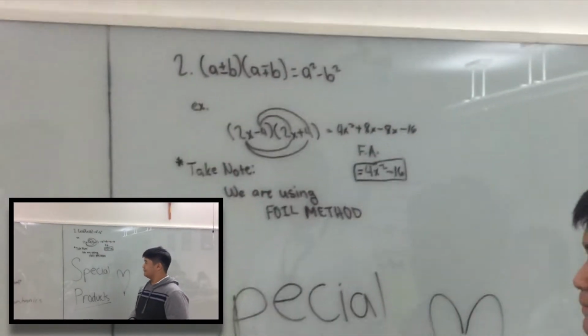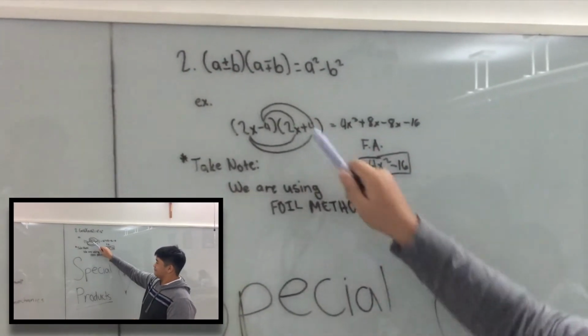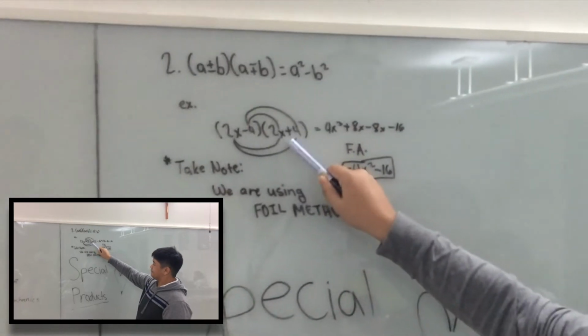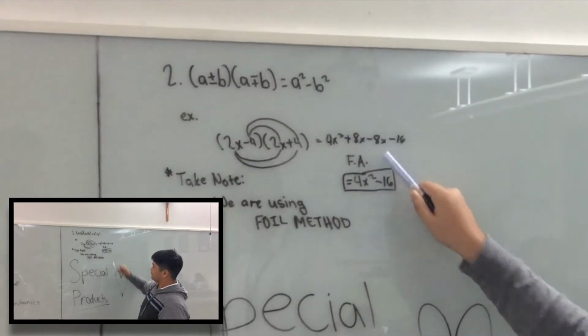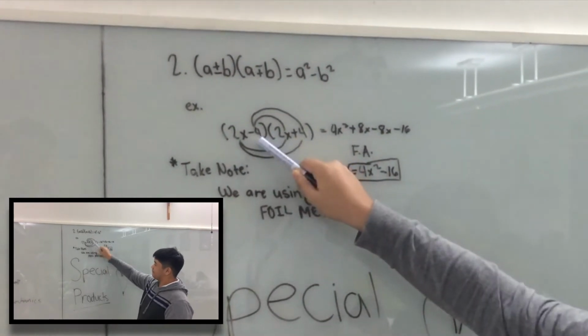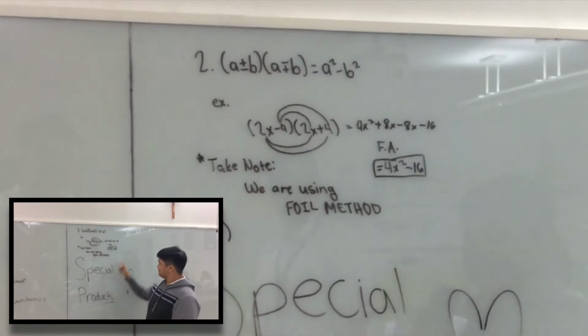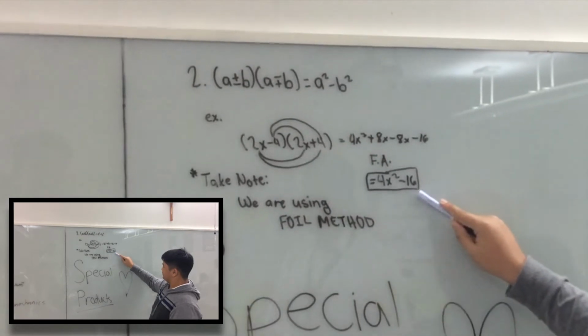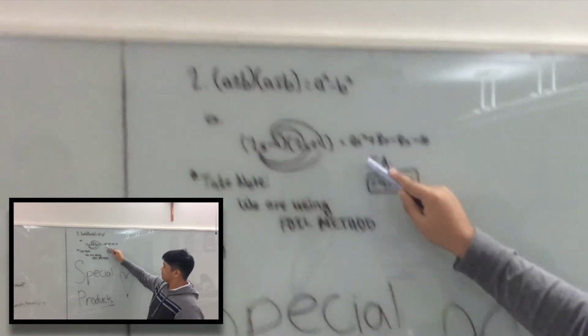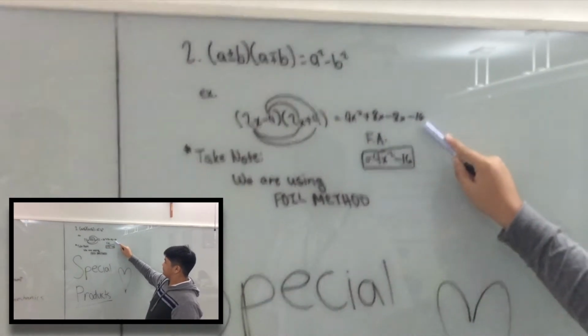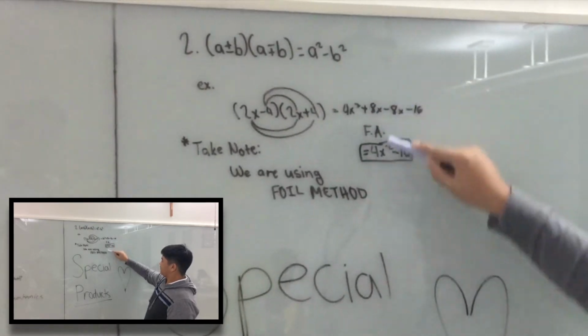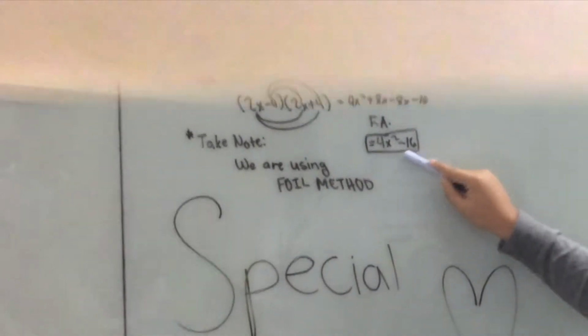Next, we'll multiply the inside terms, negative 4 and 2x, which will give us negative 8x. And lastly, we'll multiply negative 4 and 4, which will give us negative 16. To simplify our final answer, we will combine like terms, and since we have positive 8x and negative 8x, we can cancel these out, which will give us the final answer of 4x squared minus 16.